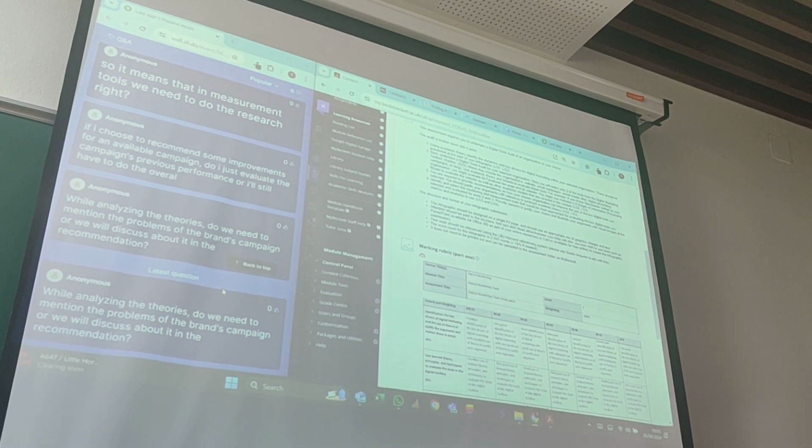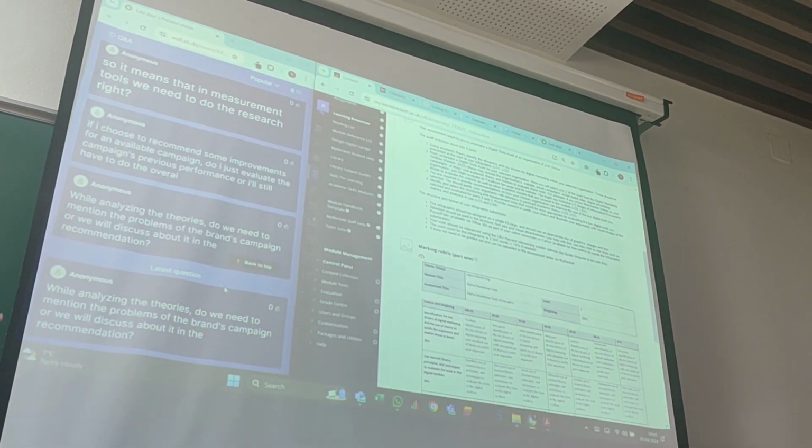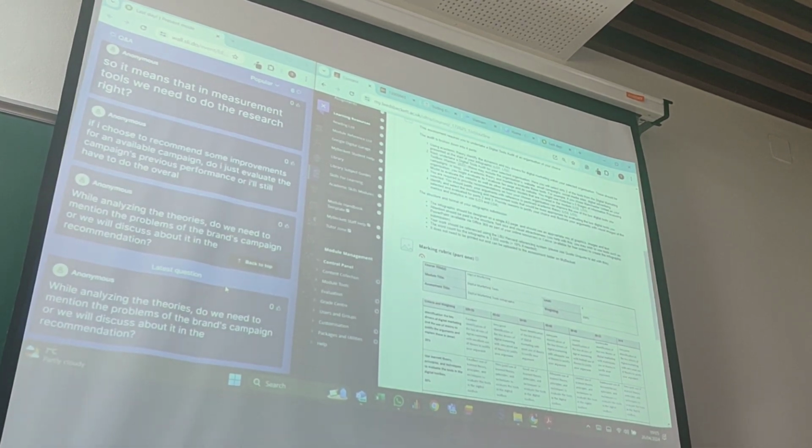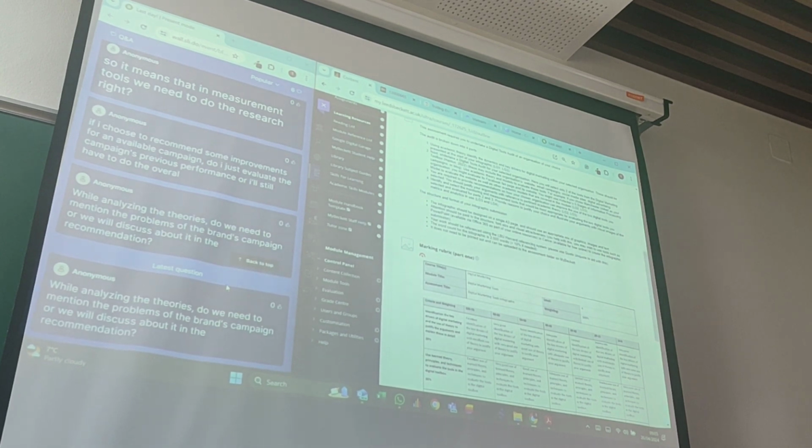While analysing the theories, do we need to mention the problems of the brand's campaign, or will we discuss it in the recommendation? Yes, when you're doing the audit.